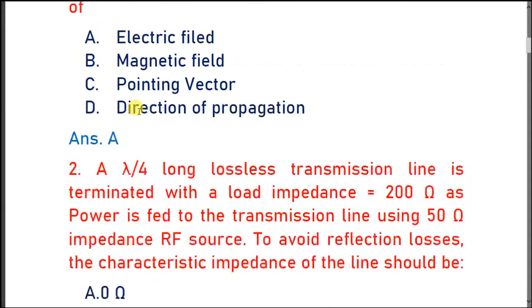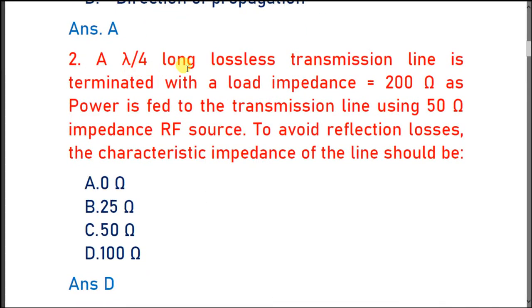Okay. So next, a lambda by 4 long lossless transmission line, whose load impedance ZL is given as 200 ohm, and power is fed using a 50 ohm impedance RF source, that is Zin. To avoid reflection loss, the characteristic impedance needed is dash.